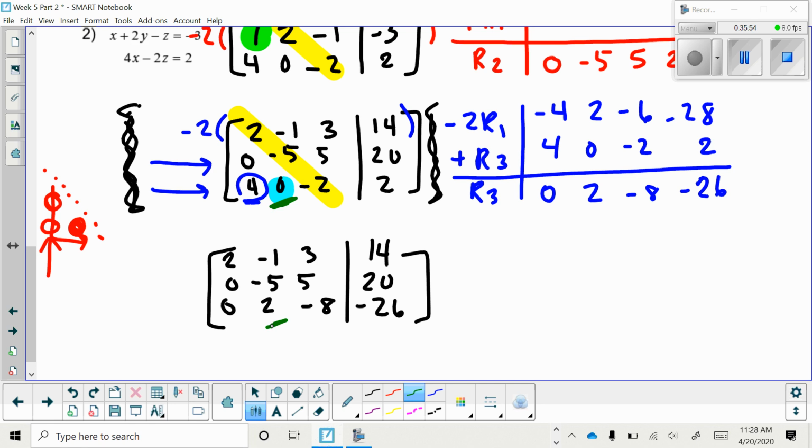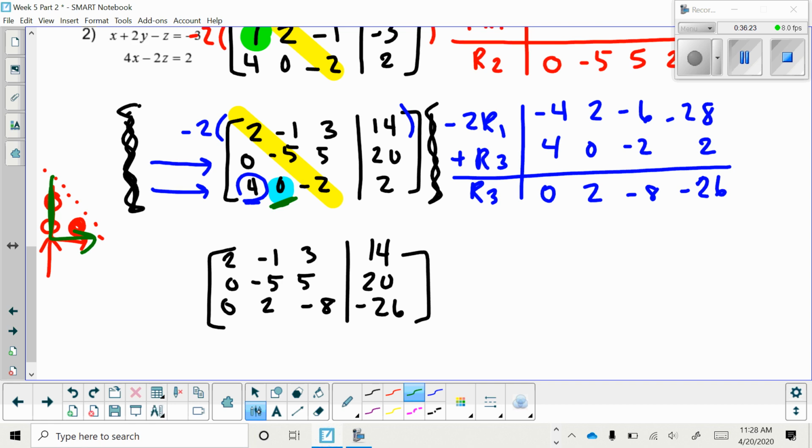So remember, we did the zeros in this order, like an L. We did this 0, and now we're gonna make this a 0. So take a minute, look at your matrix, and now read step 3. I'm sorry, I told you to read step 3 earlier, but we weren't quite there yet.